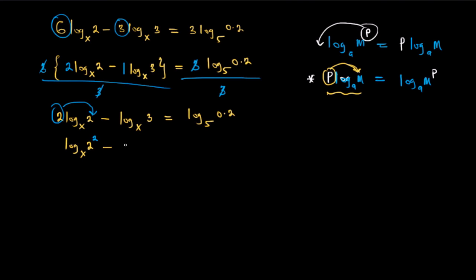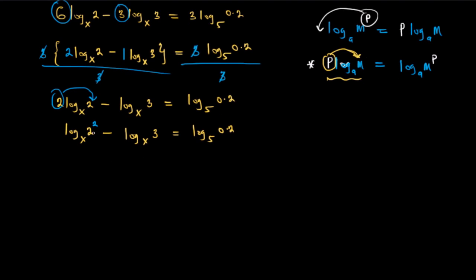Now negative the log to the base x of 3 equals the log to the base 5 of 0.2. And you know that 2 to the power 2 is going to give you 4, so this is just going to be the log to the base x of 4 and negative the log to the base x of 3 equals the log to the base 5 of 0.2.